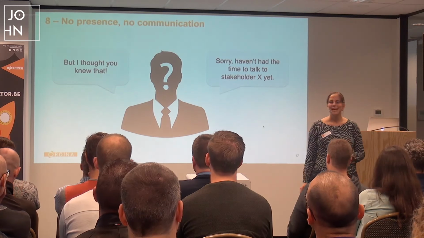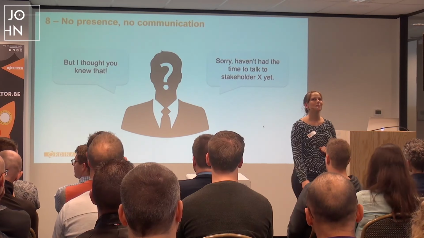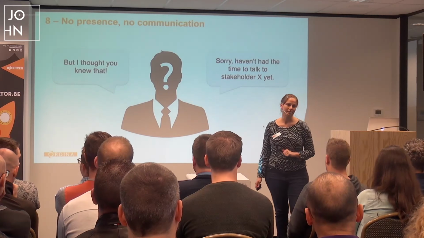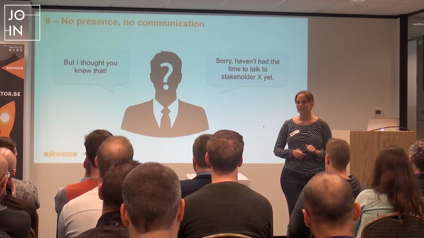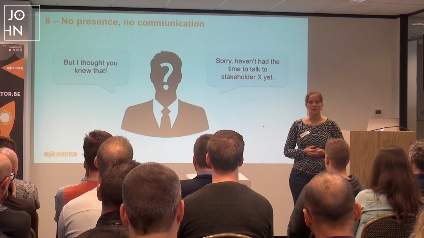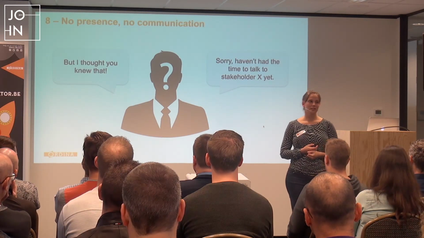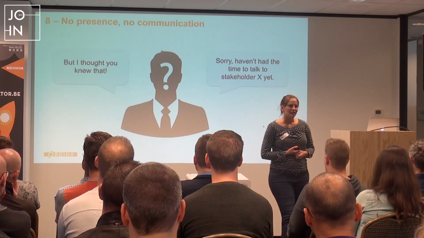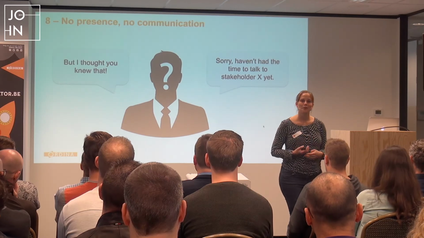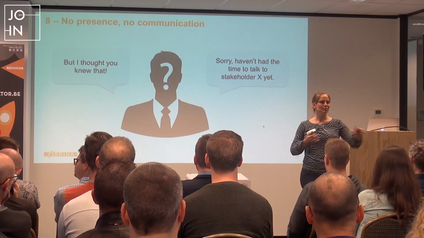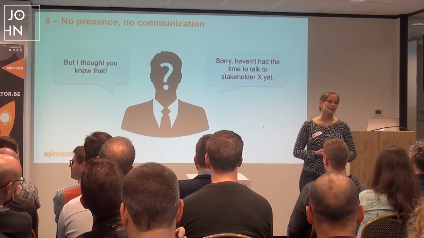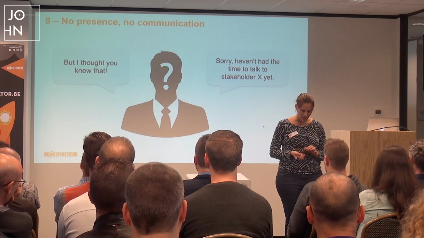Communication is one of the most important reasons why anything goes wrong in organizations. And yes, that is not something particular to Scrum. So I would also ask your product owner to work on his soft skills. If he comes across as, hey, you didn't do that right, that's not constructive feedback.